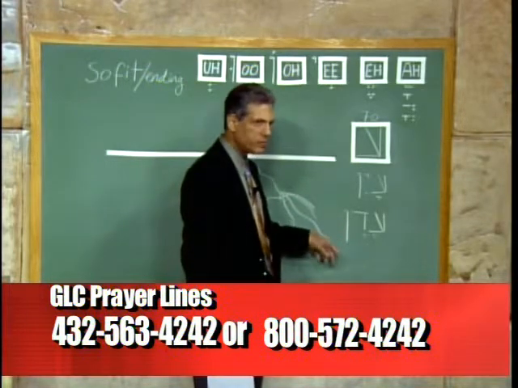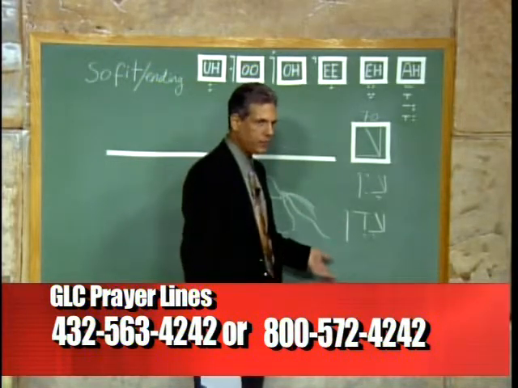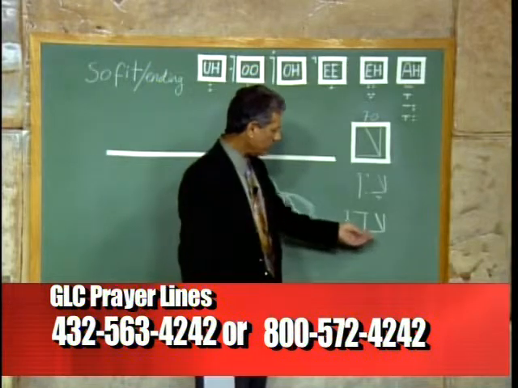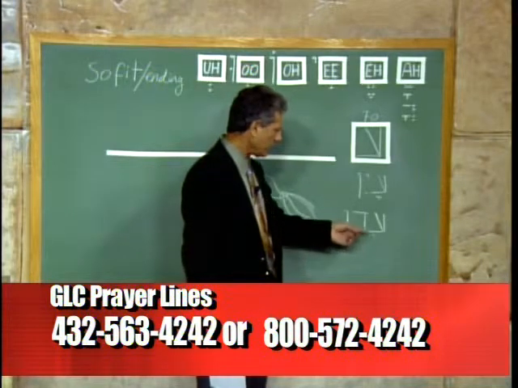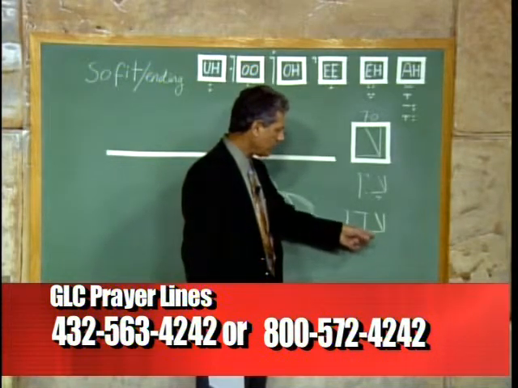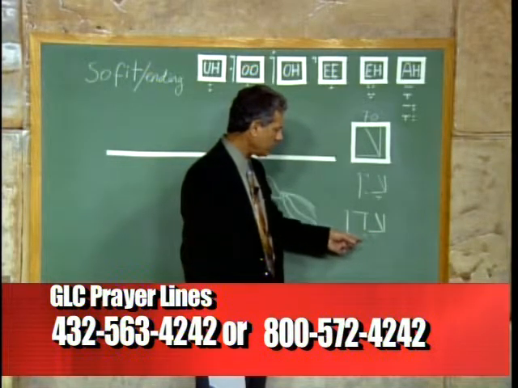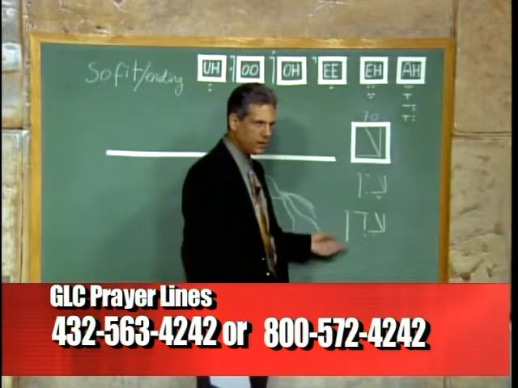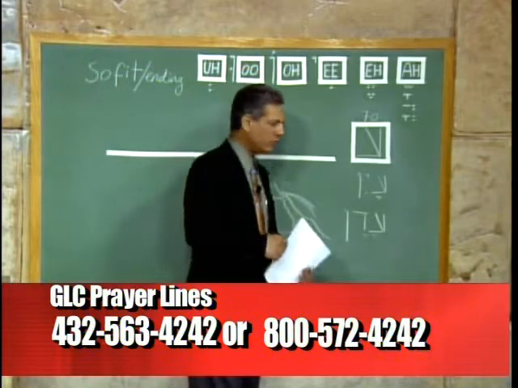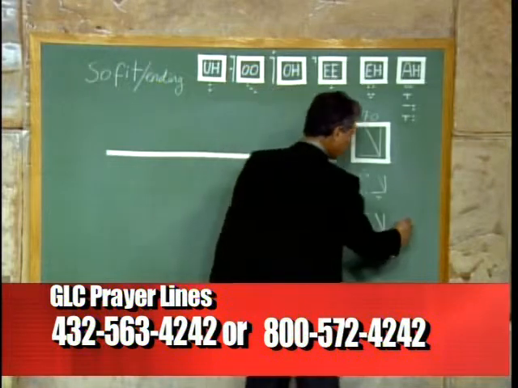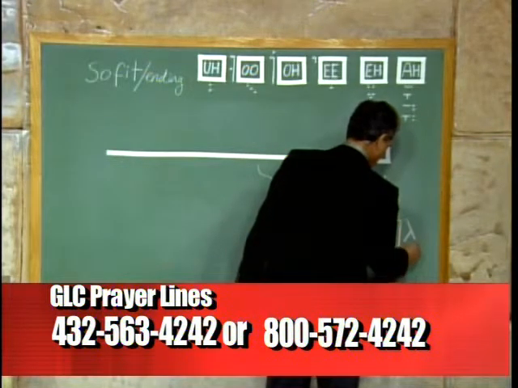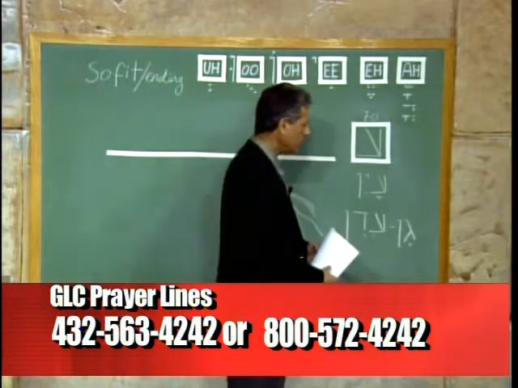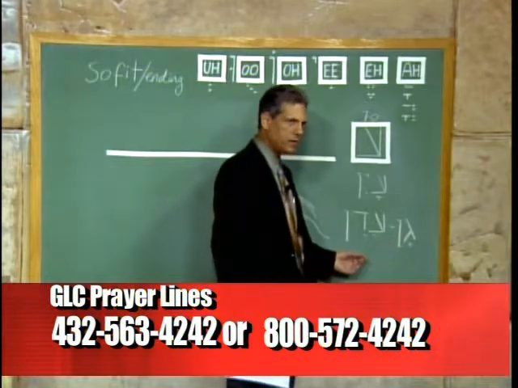Why is it Nun Sofit? Because it happened to fall at the end of a word. So the graphical form has changed, but nothing else. We have Ayin with an A sound, A, De, N, Eden. Now, there was a place called Gan Eden.